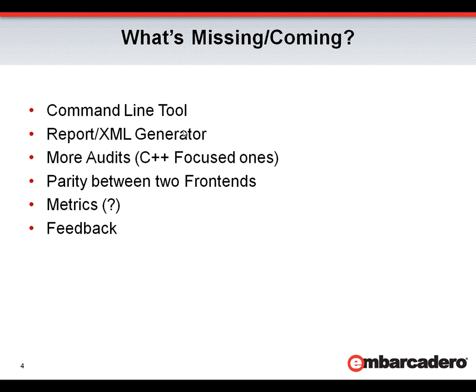Something else I would like to look at is metrics. It's not clear to us whether there is a big demand for metrics in the C++ world. It's highly used in some fields. It seems like Java and C# have a lot of metrics, or at least demands for metrics. Like cyclomatic complexity, lines of code, just that kind of data, which is basically analyzing your code and reporting statistical information about it.